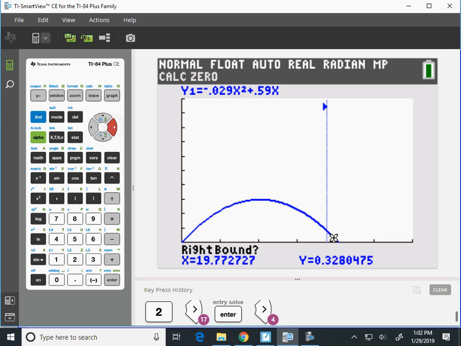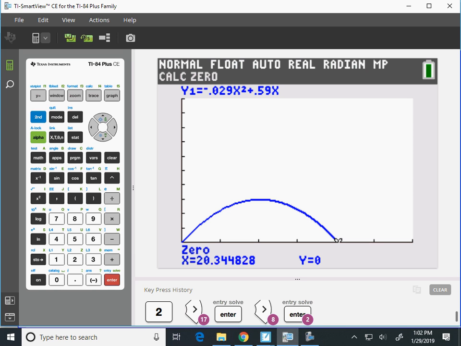And you should get pretty much what I got, 20.34. Got an error? So be careful here. When you do your left bound, you want it to be a little above.